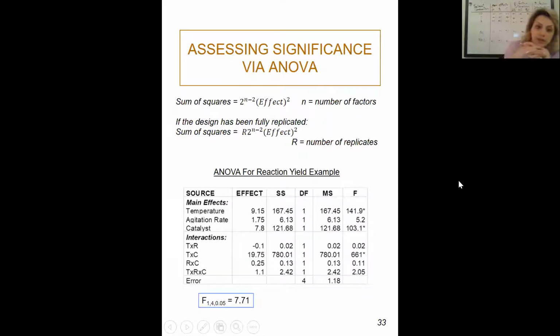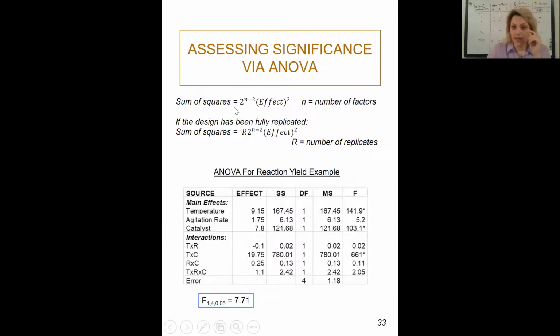For the ANOVA table, in this part of chapter 6, we are talking about 2 levels, right? So whenever we have 2 levels, the sum of squares is equal to 2 to the power of k minus 2, where k is the number of factors, times the square of the effect.